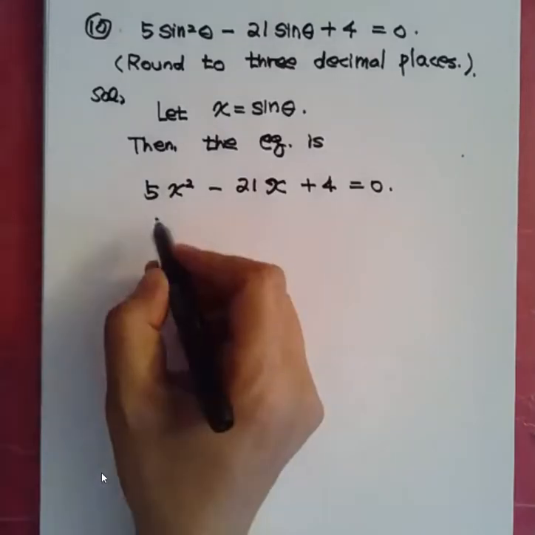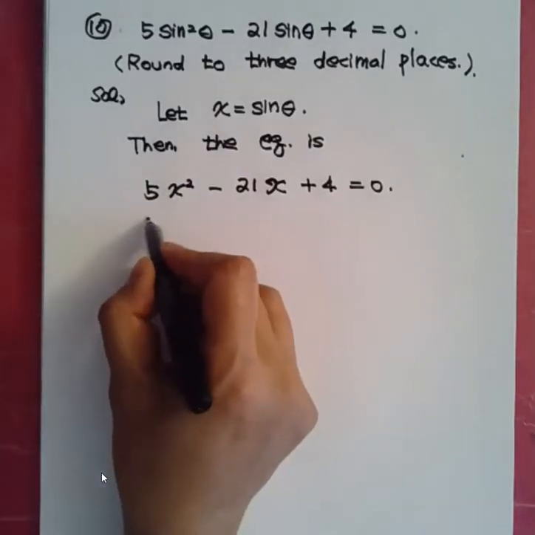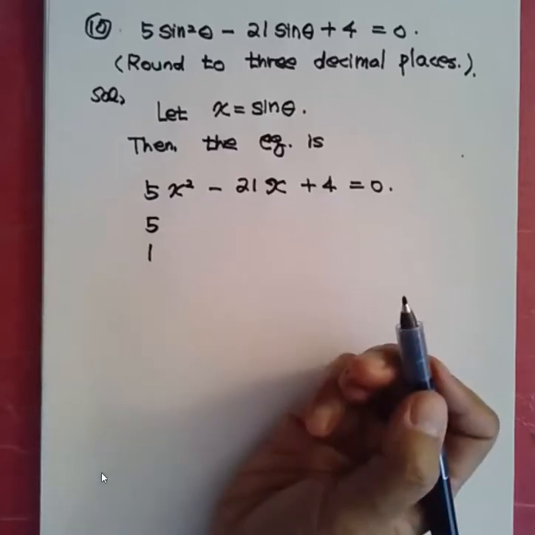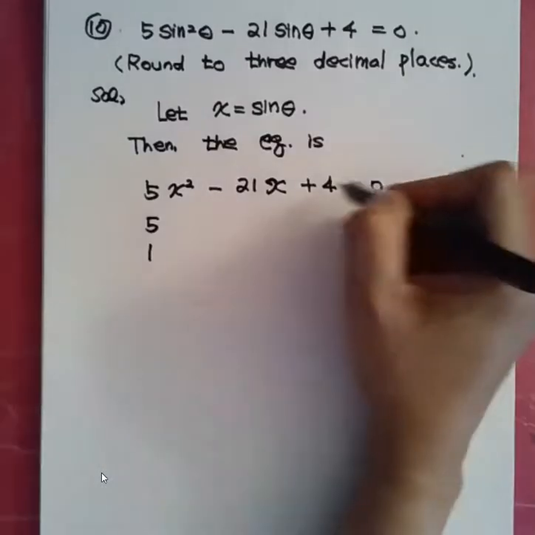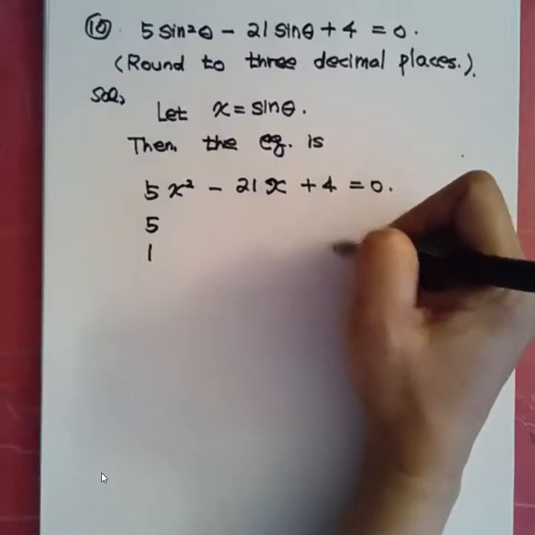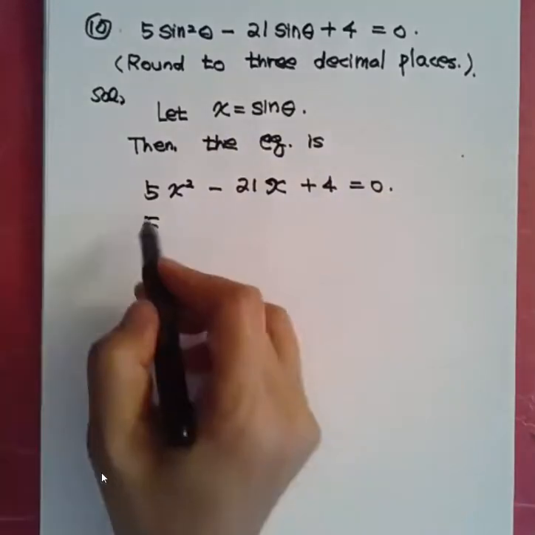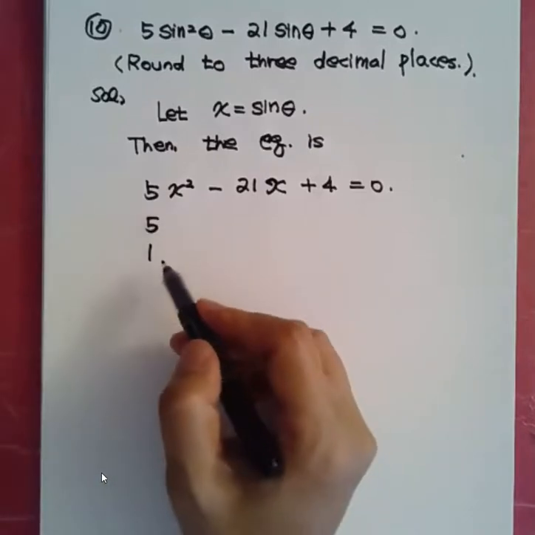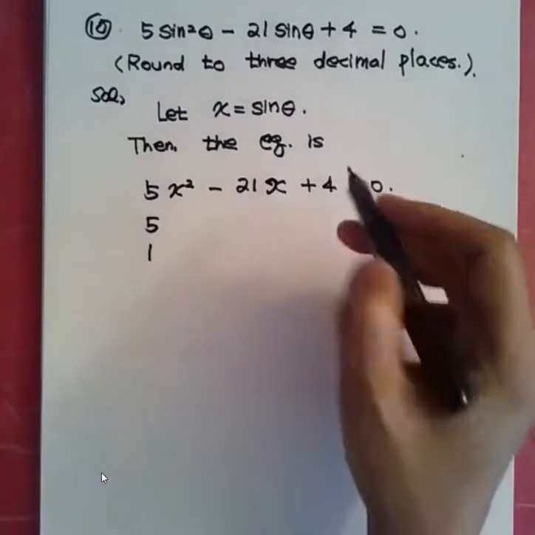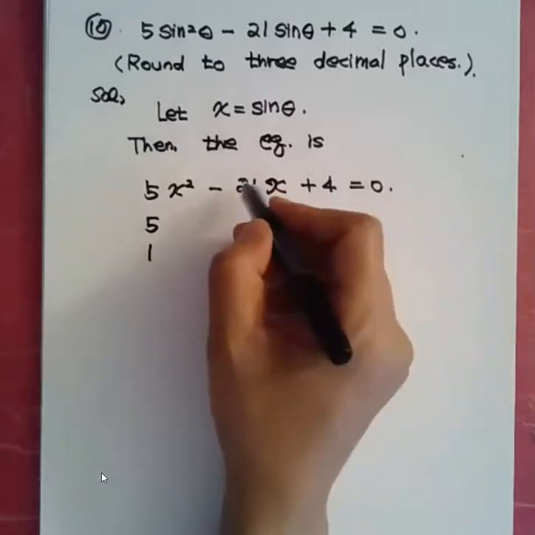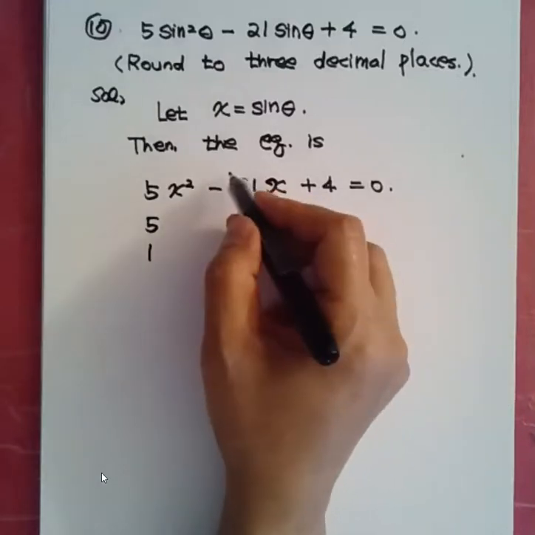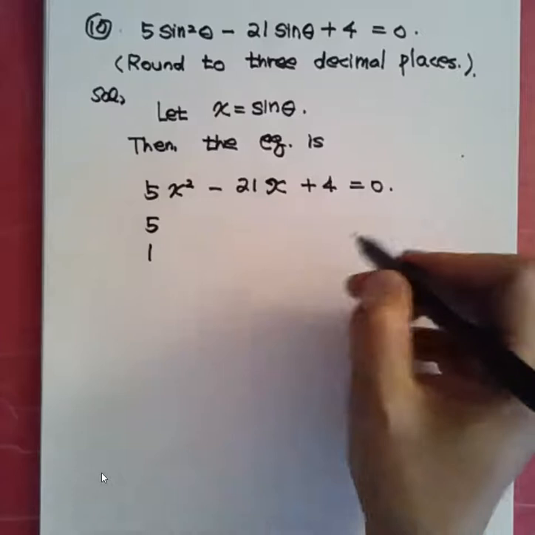5 is a prime number. The only thing we can do is 5 times 1. And for 4, it can be 2 times 2. But if you cross multiply, then it'll be 10 and 2, so it'll become 12. But the number in front of x is minus 21.